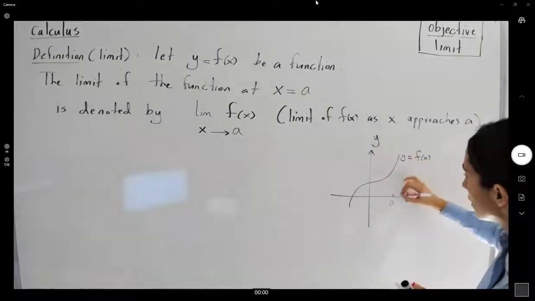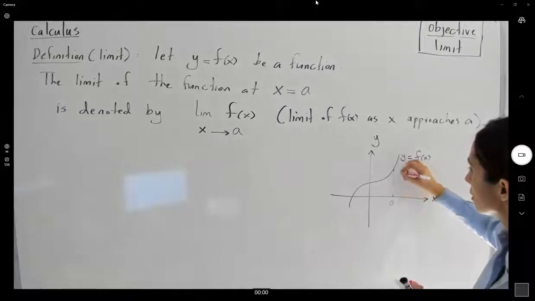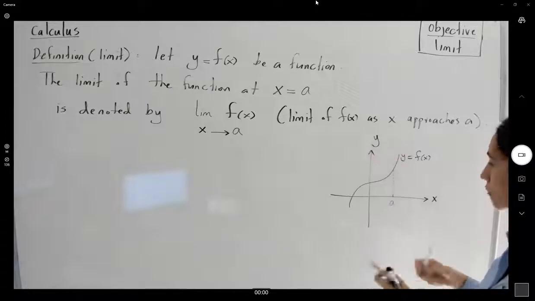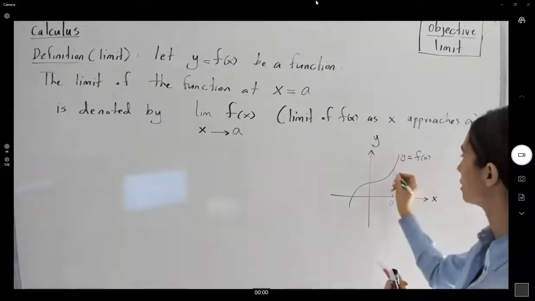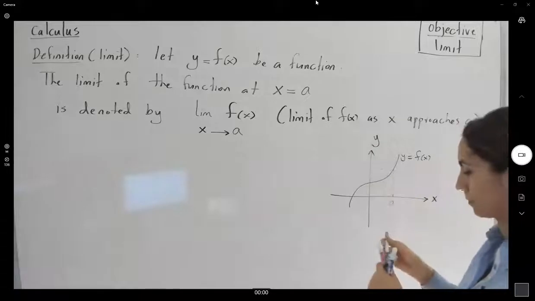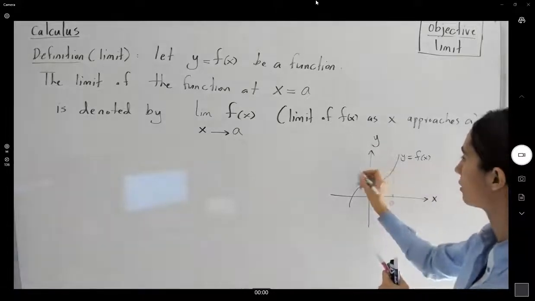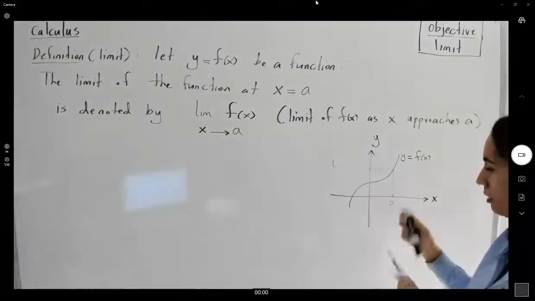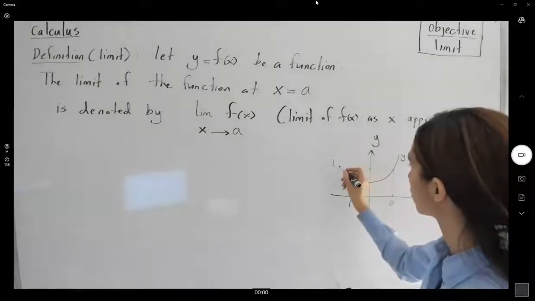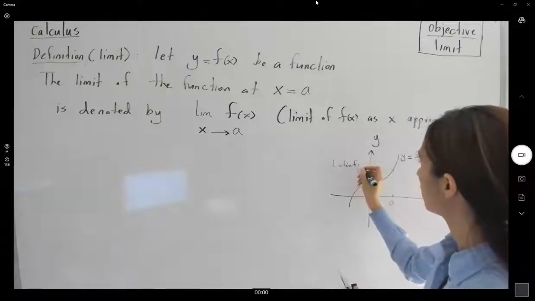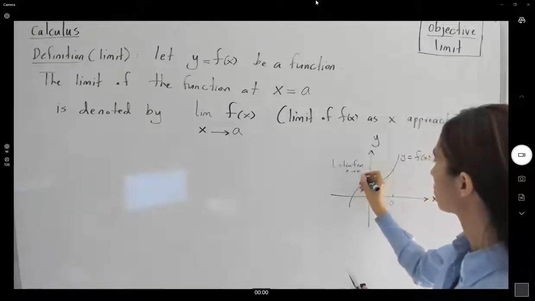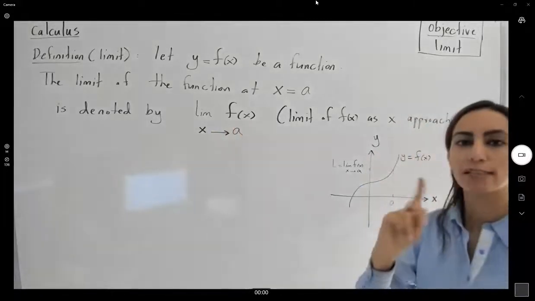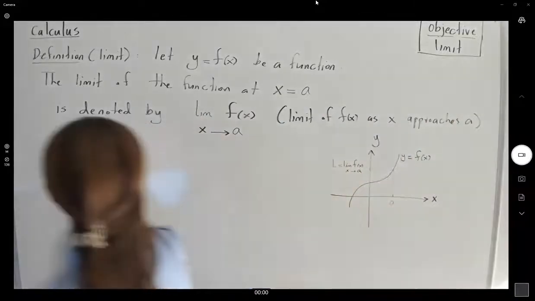So we're getting closer and closer to a on the x-axis, and our y value is going to be our limit. So this number, whatever it is, let us call it L. It is equal to the limit of f of x as x approaches a. So the limit of a function is a y value.